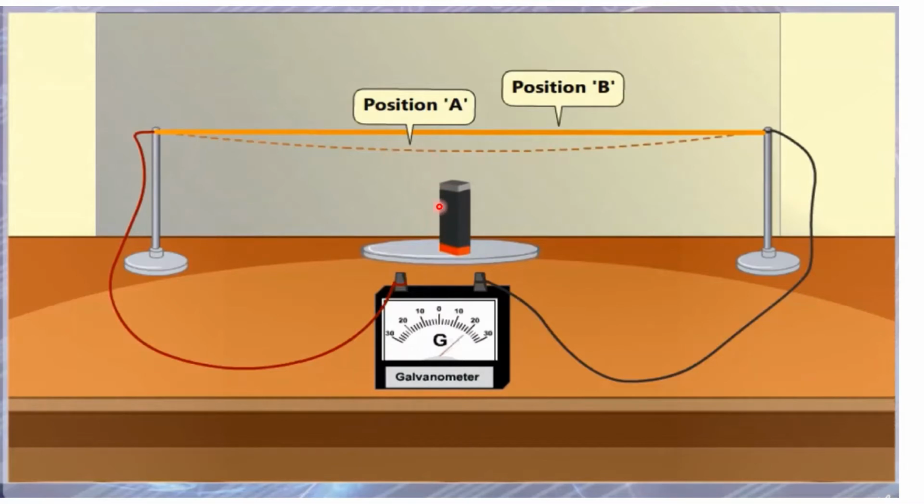This is because on moving the magnet, there is a change in the magnetic field lines associated with the conductor, and this causes current to be induced in the conductor, and thus the galvanometer will deflect to one side. This is Faraday's electromagnetic induction.